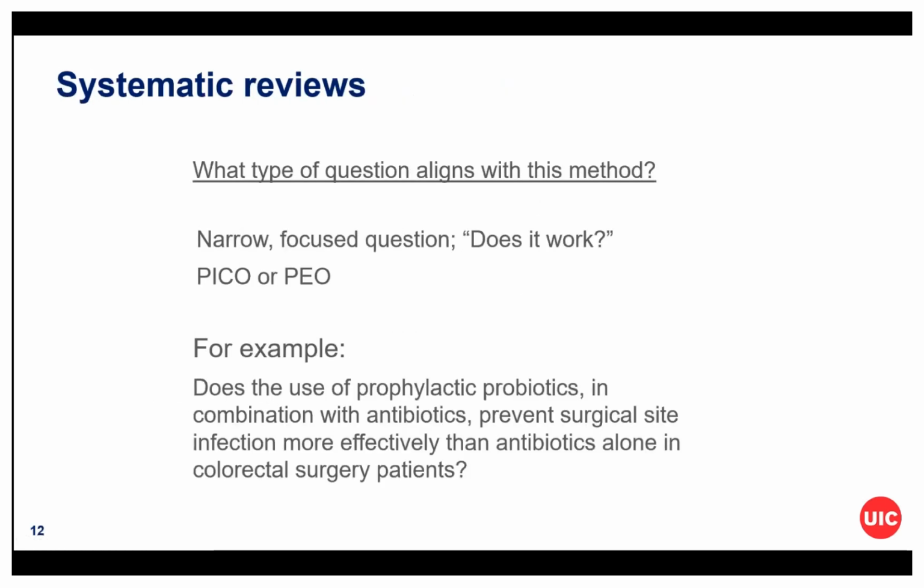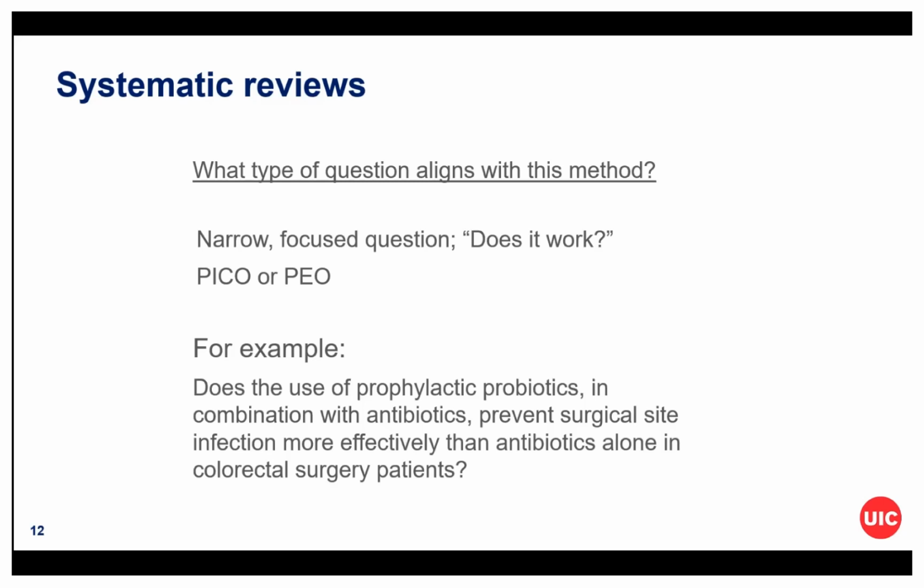And you're going to see slides like this as I'm going along, covering the different kinds of reviews, as those narrowly focused questions that you would be asking for a systematic review. These are best aligned with this review type and usually fit into the PICO framework, which I think some of you are familiar with: patient population, intervention, comparison, and outcome.